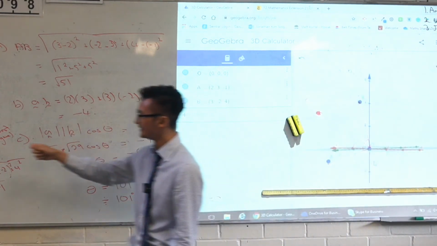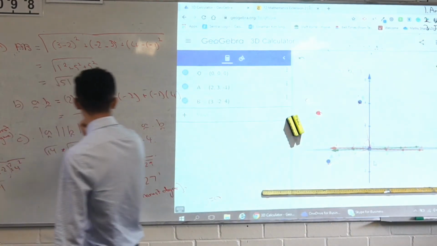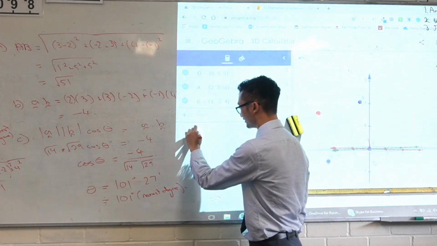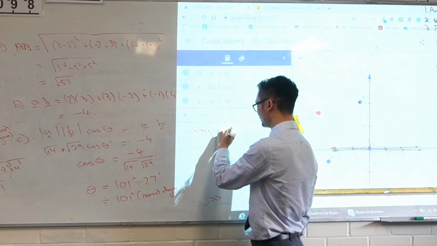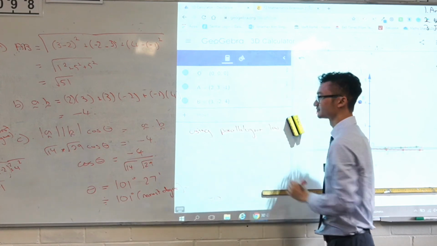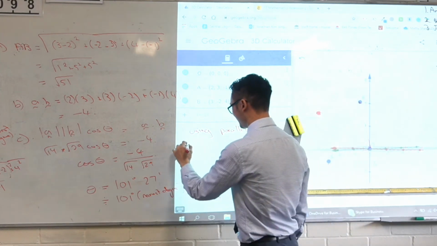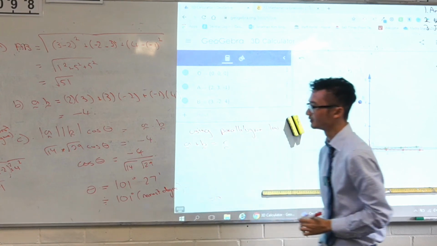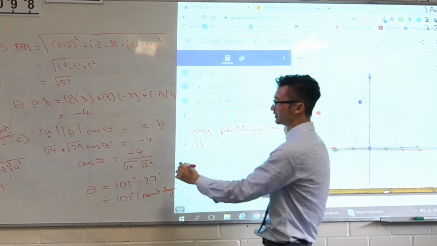So by finding the sum of these two, we can find that. So using the parallelogram rule, or law, I think it's called the law, A plus B would equal to C. And so we just sum them together.